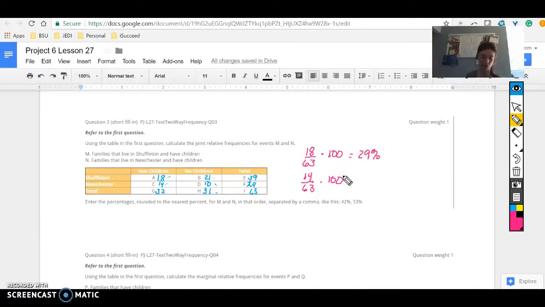Okay, so 14 divided by 63 is 0.22, and I'll just round that to 0.22 and multiply it by 100 to get 22%. So you would enter this answer simply by typing 29%, comma 22%.